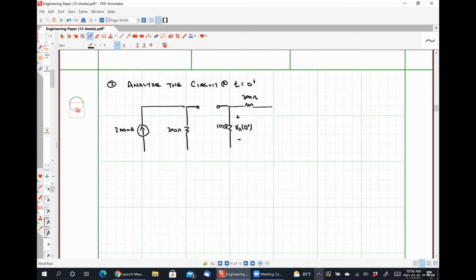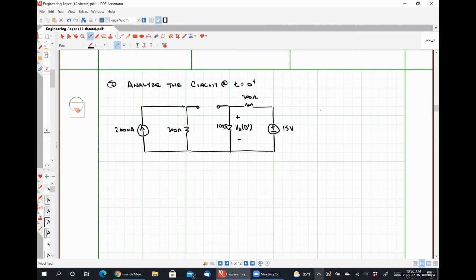I'm going to express my capacitor as an independent DC voltage source at this specific instant in time. So it'll have the same polarity as my capacitor voltage, positive polarity on top, negative polarity on bottom. And it will also have the same voltage as my capacitor voltage.